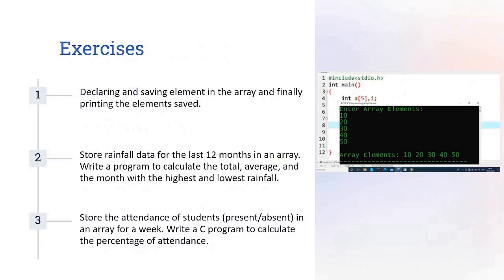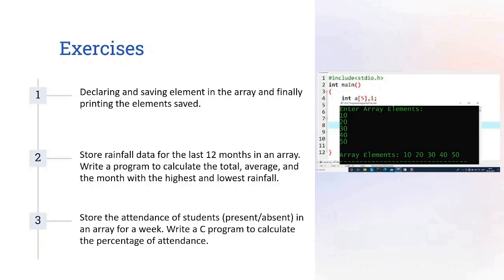I have given a few real-life exercises. By using arrays, you can solve these problems. The first one is declaring and saving elements in an array, and finally printing the saved elements. Get the elements and print them. Second, store rainfall data for the last 12 months in an array.